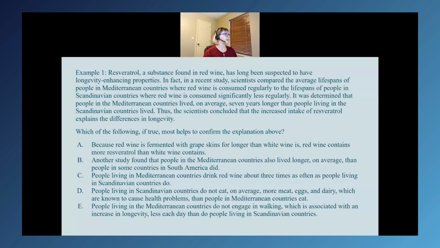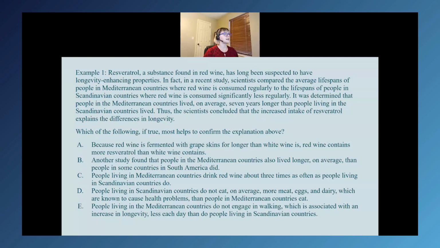It was determined that people in the Mediterranean countries lived, on average, 7 years longer than people living in the Scandinavian countries lived. Thus, the scientists concluded that the increased intake of resveratrol explains the differences in longevity.